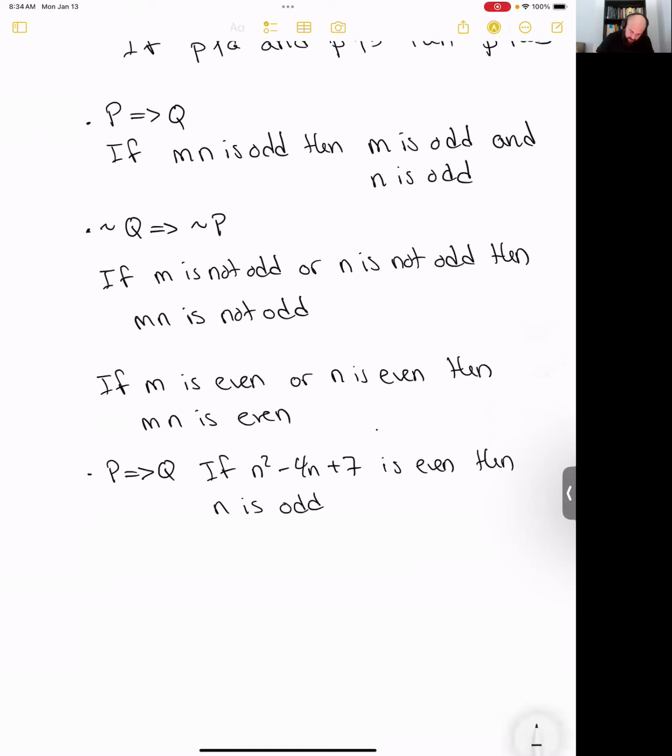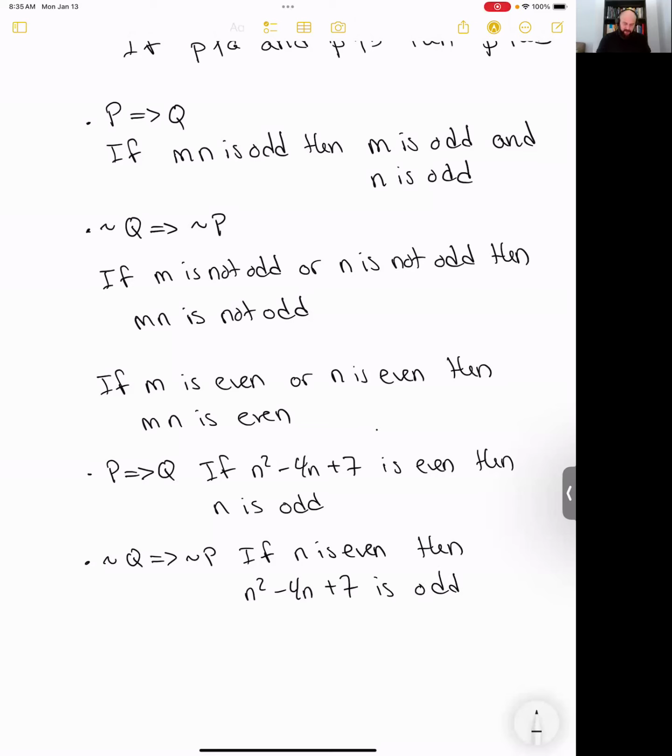And then the contrapositive is, again, if n is not odd, let's just write that as n is even, then n squared minus 4n plus 7 is not even, or odd, right?